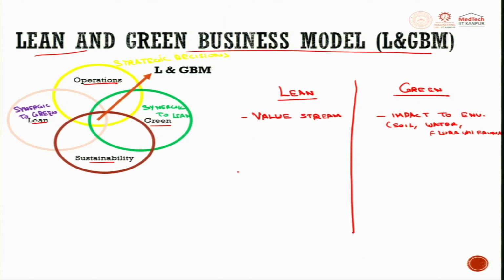Now lean is product oriented, that is the product that we need to produce has to have a lesser number of parts, so that the cost is reduced. Green is global environment oriented.